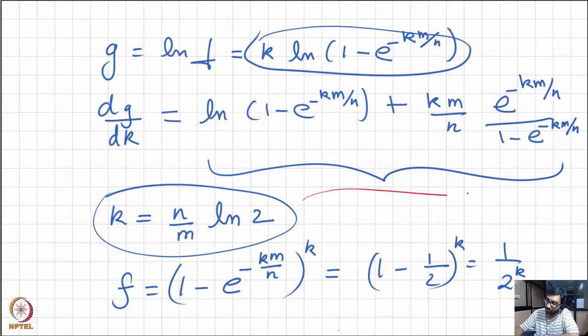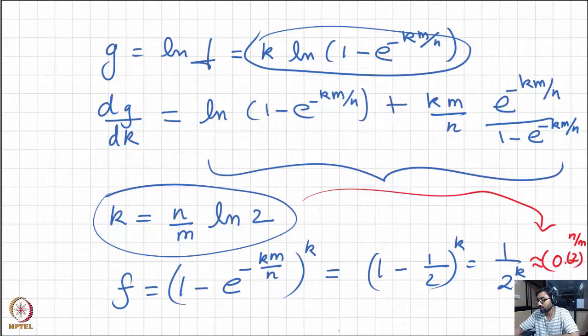And substituting the value of k, we're ultimately going to get approximately 0.62 raised to the power n over m. So let's look at the intuition here.